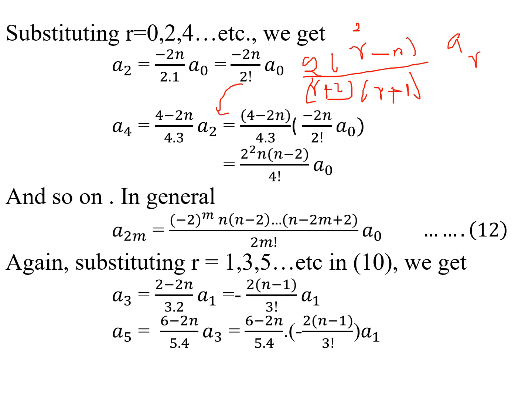From this equation, from this part, we are taking minus 2 outside. Therefore, this becomes n minus 2. Already our minus 2 is there. Therefore, 2 into 2, 2 squared n into n minus 2 by 4 into 3 into 2 factorial becomes 4 factorial into a naught.